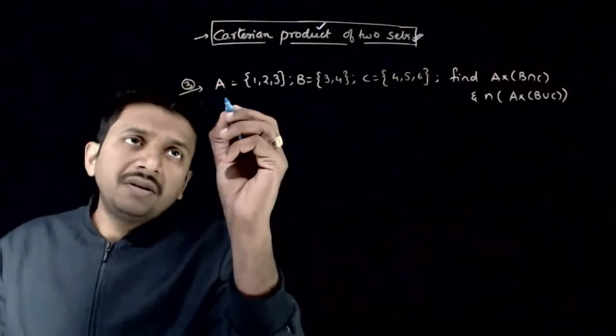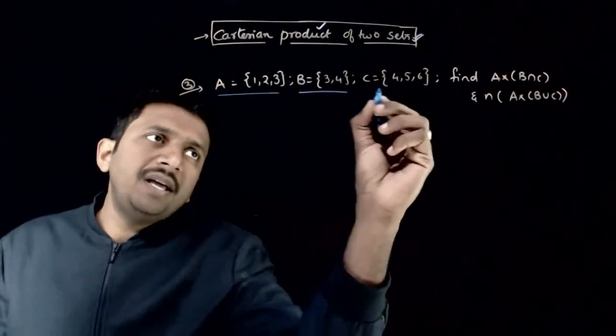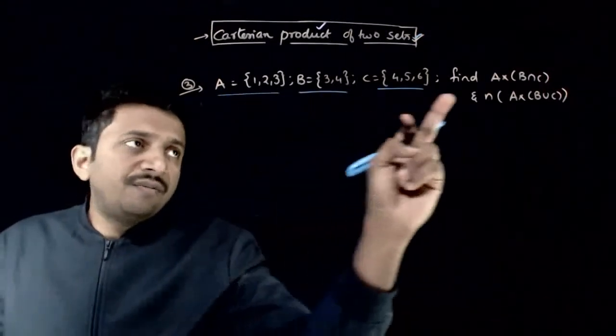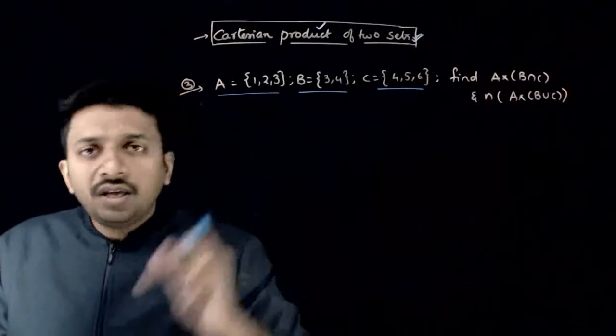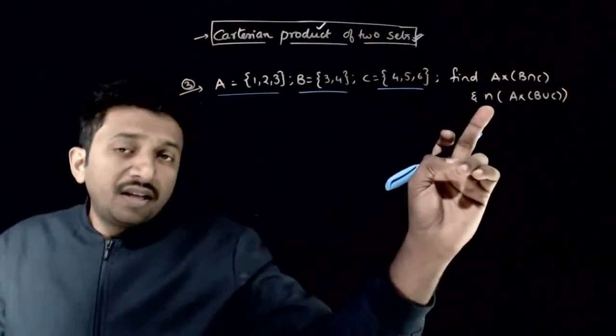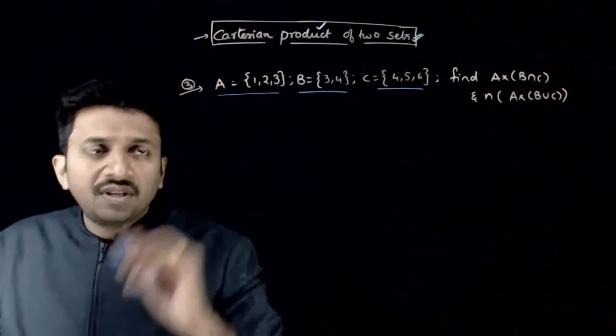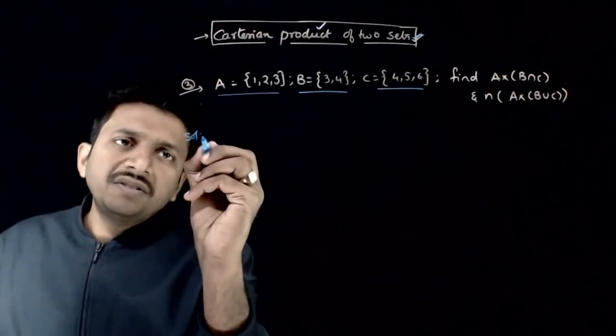So in this question, you're given the sets A, B and C. And you're asked to find A × (B ∩ C) and the number of elements in A × (B ∪ C). Again, very straightforward questions.